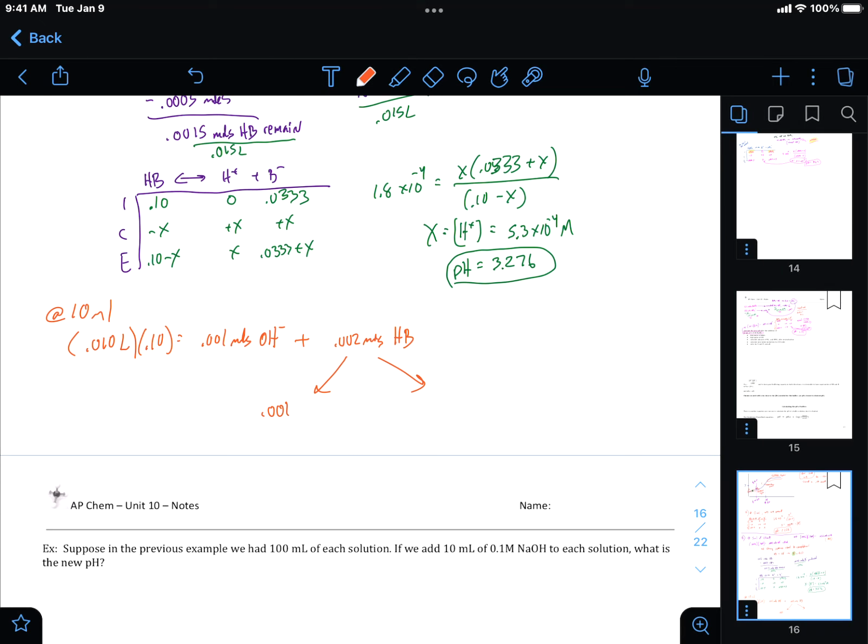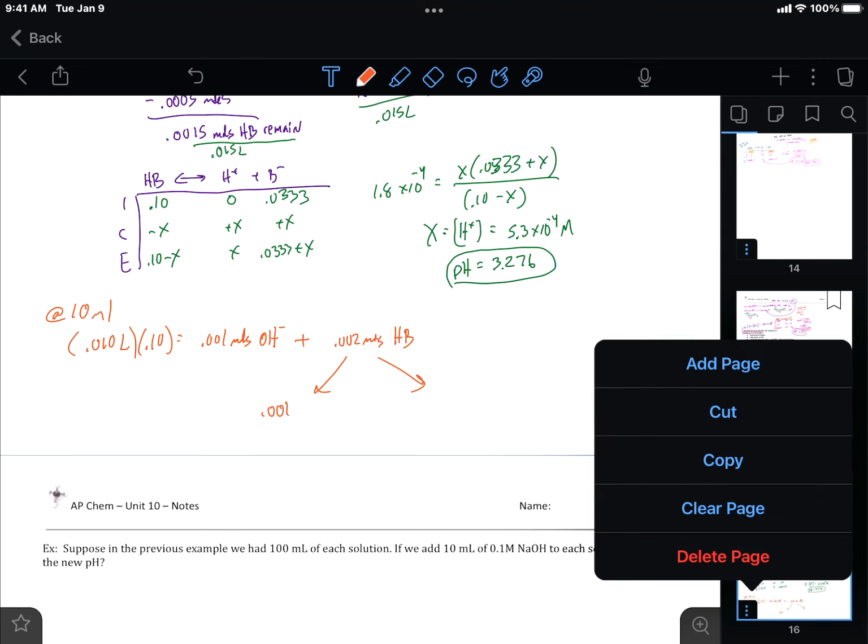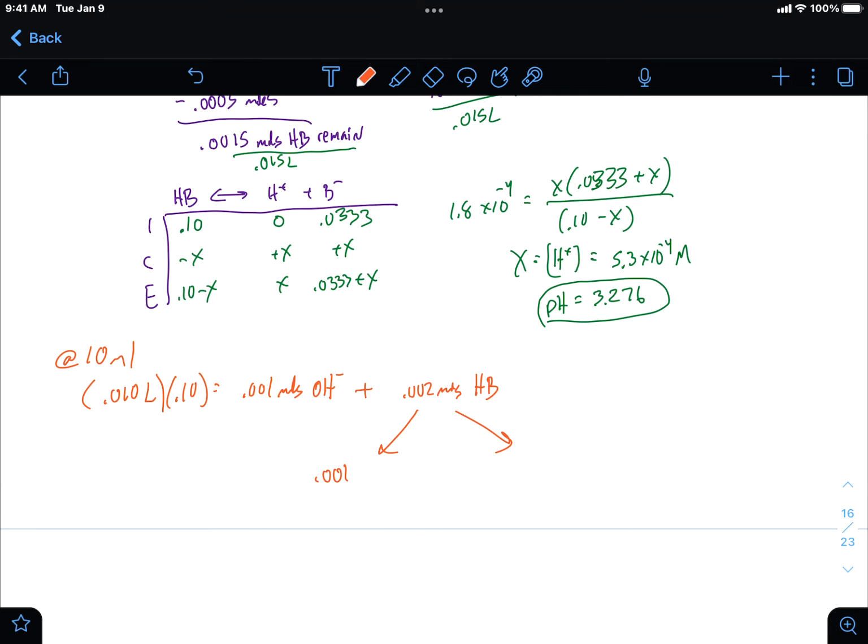I need to add a page here. Hold on. So this has to make sense right now. This is really important to understand. My original moles of weak acid was 0.002.